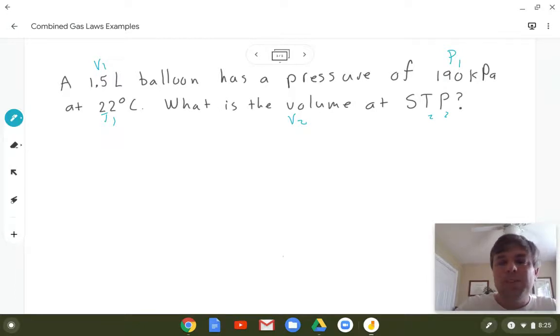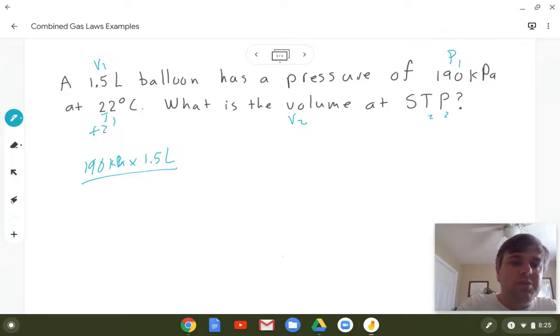So we plug into our equation, P1 times V1 over T1. So 190 kPa times 1.5 liters over 22 degrees Celsius plus 273 is going to be 295 kelvins.